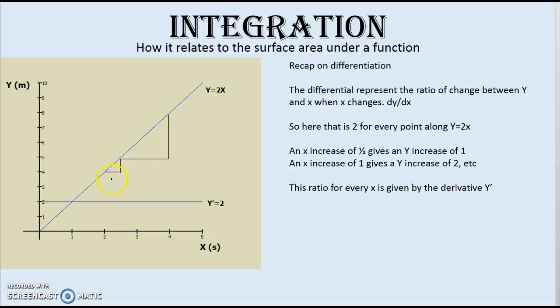So if here it's 2 all the time, which means that if I have an increase of a half, like I have here, then I would get an increase of 1 in the y direction. An increase in x of 1.5 would give an increase of 3 in the y direction.